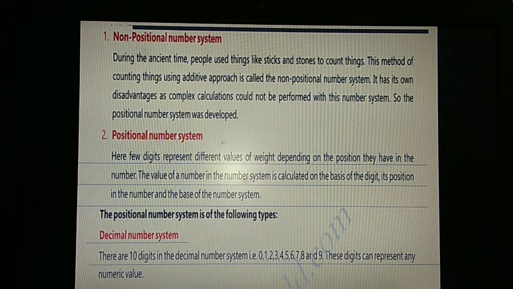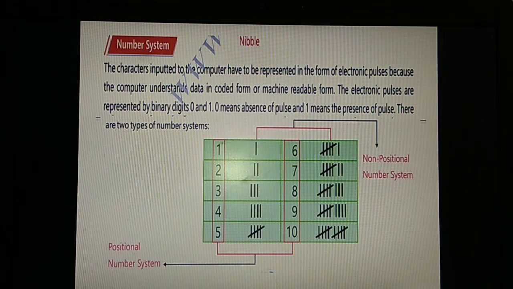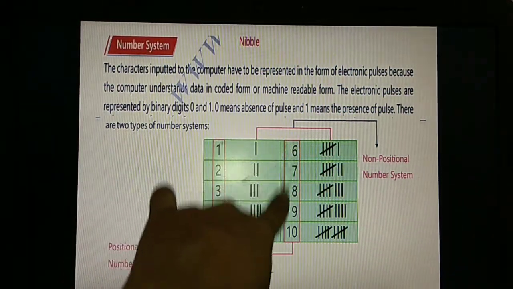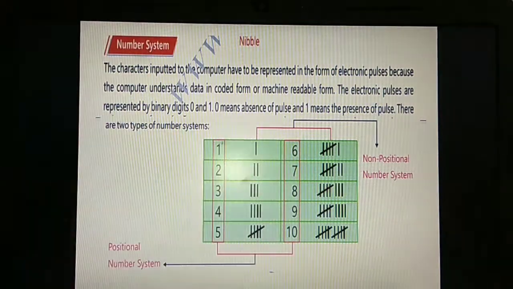The value of a number in the number system is calculated on the basis of the digit, its position in the number and the base of the number system. From this you can understand that this has been considered as the base of the number system.